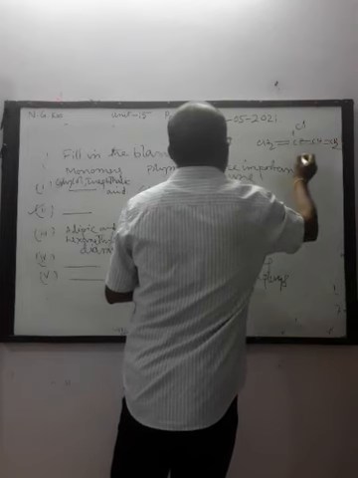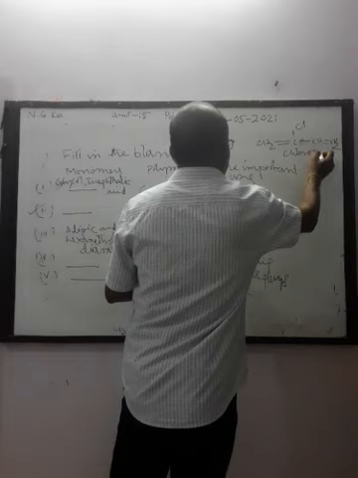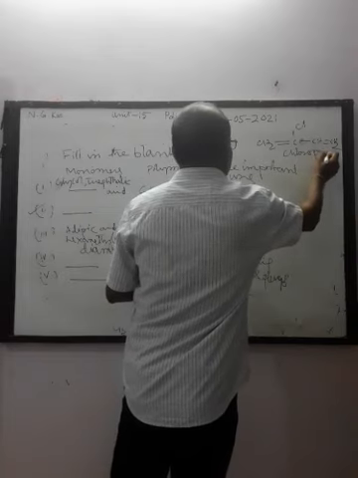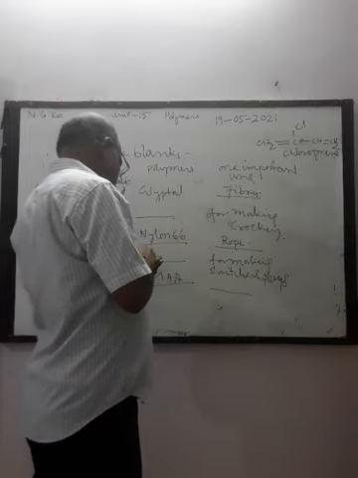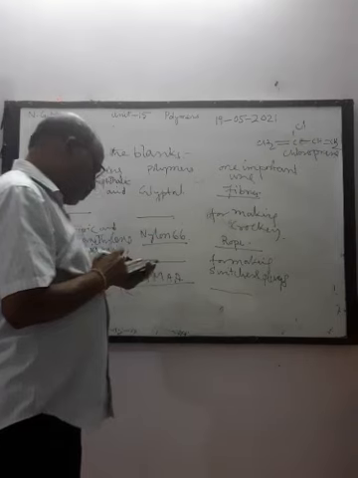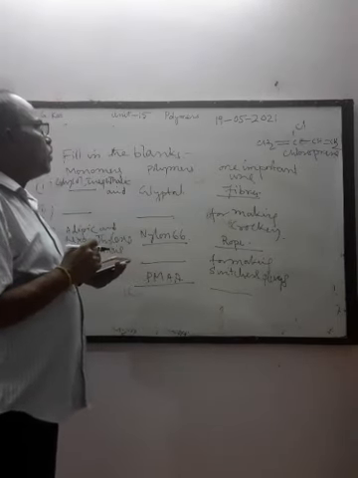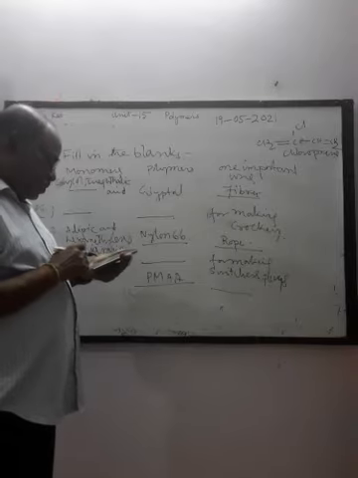So this is the monomer of chloroprene. Neoprene monomer is chloroprene. And nylon 66 is already discussed. Monomers are adipic acid and hexamethylene diamine. So this is all about our unit 15, polymers. Okay, thank you.